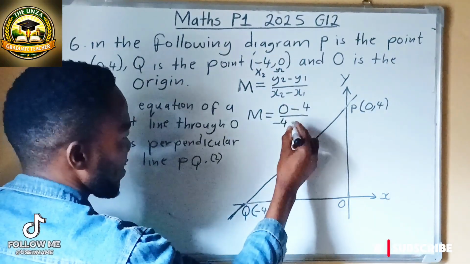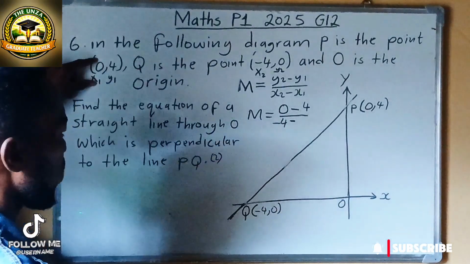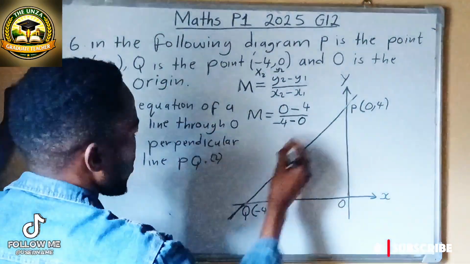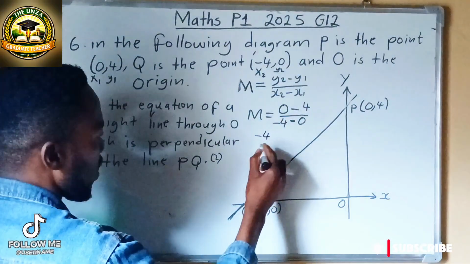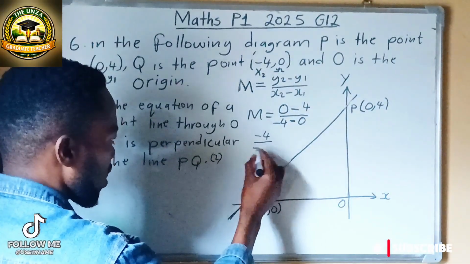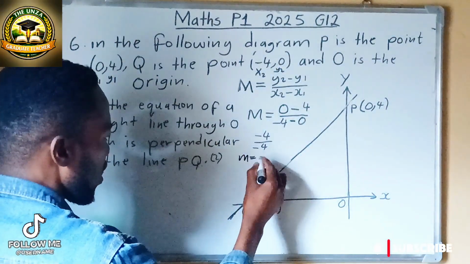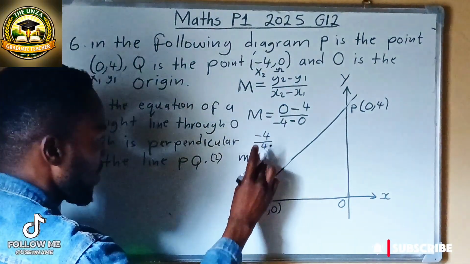You put minus x1, and x1 here is 0. So 0 minus 4 is -4, over -4 minus 0 which is also -4. That means the gradient will be equal to -1.